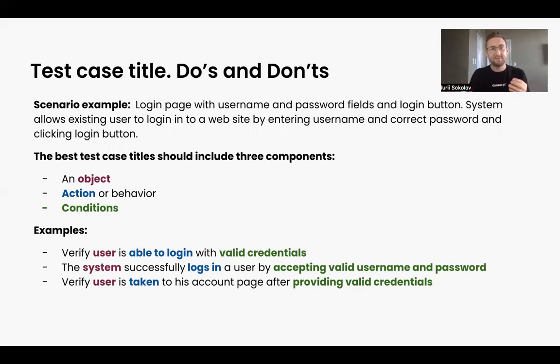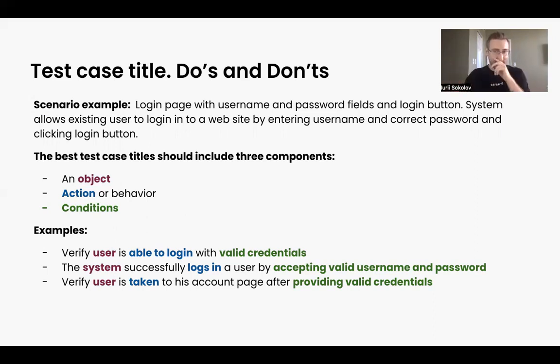We need to explain which behavior, functionality or action we're expecting to see. And finally, we also need to add conditions. Conditions explain under which condition our subject does a certain action.